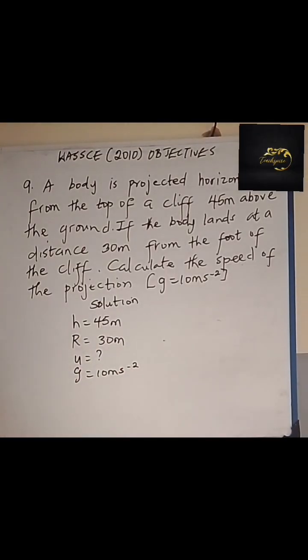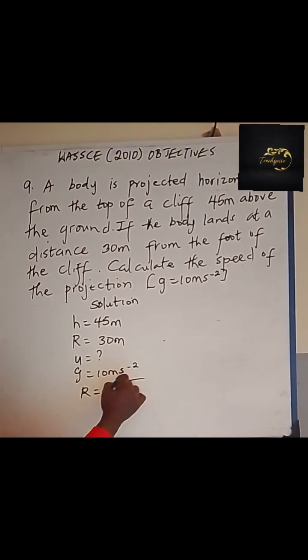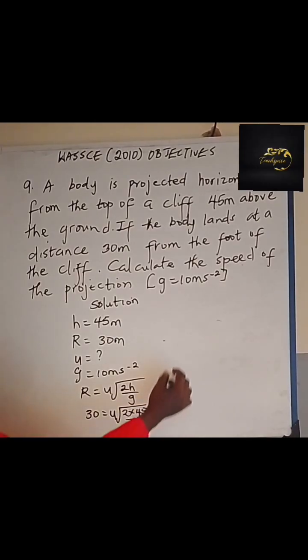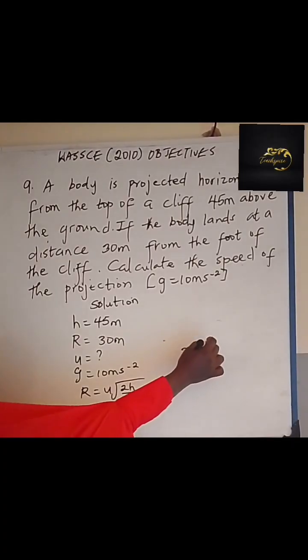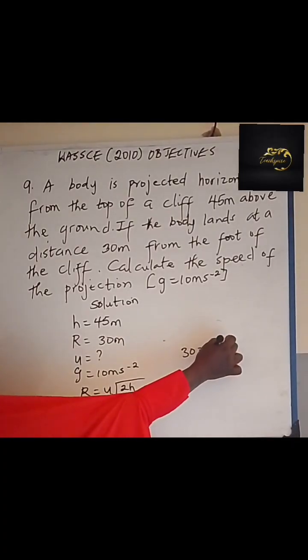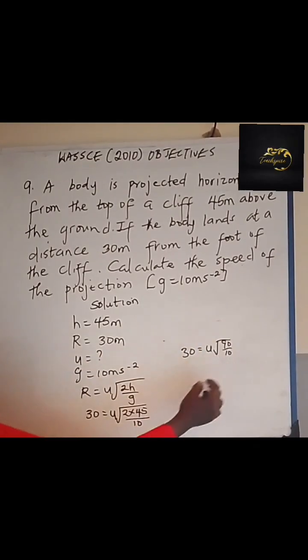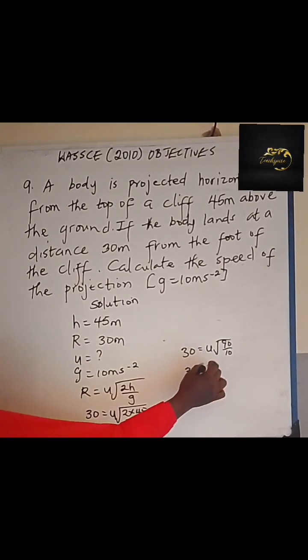We use the relationship for range, which is R equals u into the square root of 2h over g. Then we say 30 equals u into the square root of 2 multiplied by 45 all over 10. Then 30 equals u into the square root of 90 over 10, and then 30 equals u into the square root of 9.